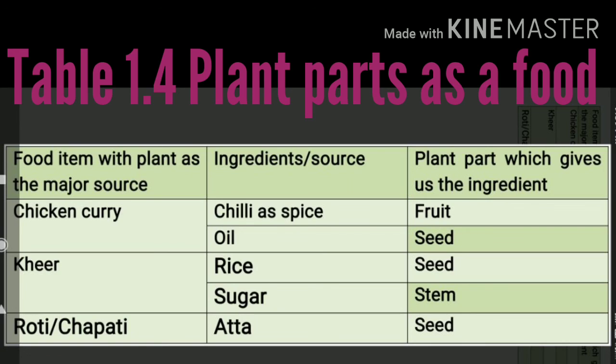So in this activity we learn about plant parts as food, means different edible parts of plants we use as vegetables. So all of you complete table 1.4. Understood everyone? This activity you copy down in your notebook.